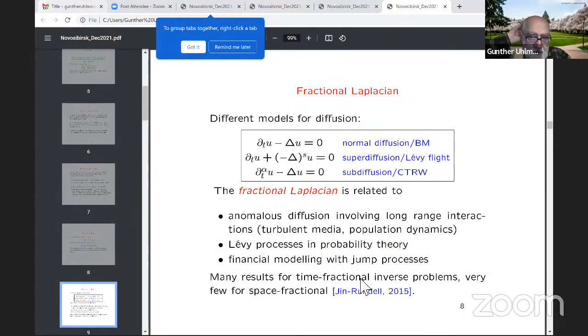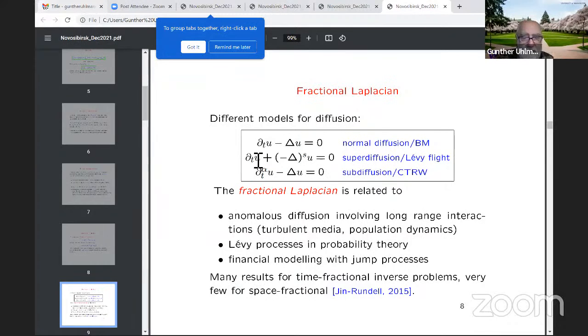The fractional Laplacian appears in many different models for diffusion. This is the normal diffusion, the heat equation, super diffusion, also called Lévy flight in probability, subdiffusion when you have the fractional derivative on the time variable. There have been many works. Masahiro has done many works, for instance with co-authors, related to inverse problems for that equation.